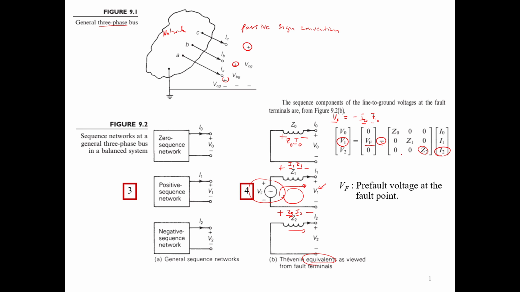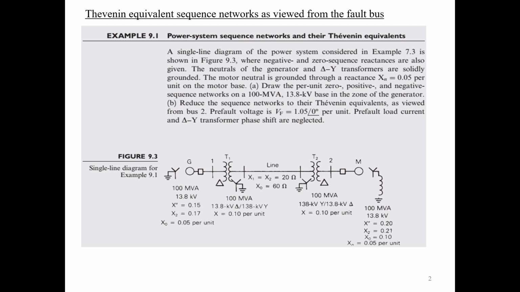So V2 is equal to negative Z2 times I2. This is the general equation. Then we have to analyze the Thevenin equivalent sequence networks as viewed from the fault bus.